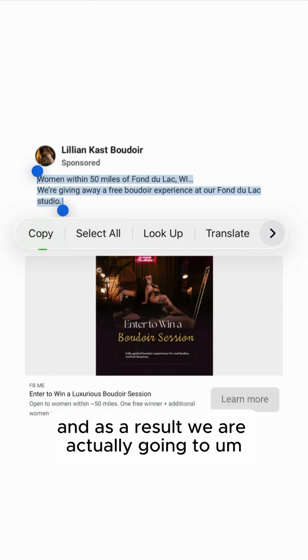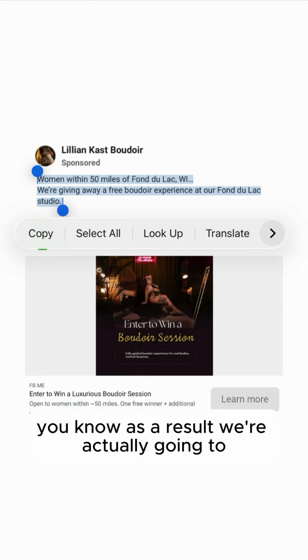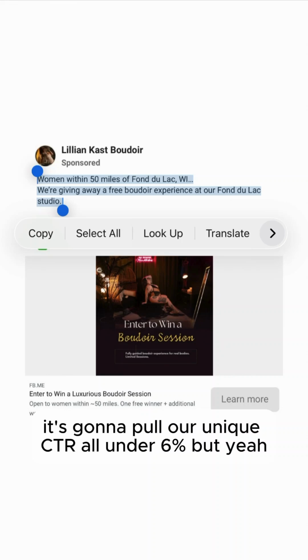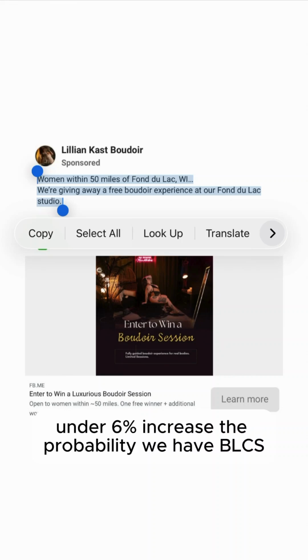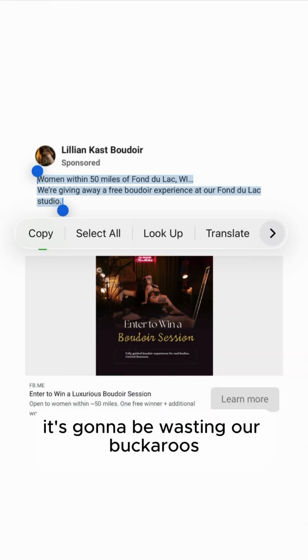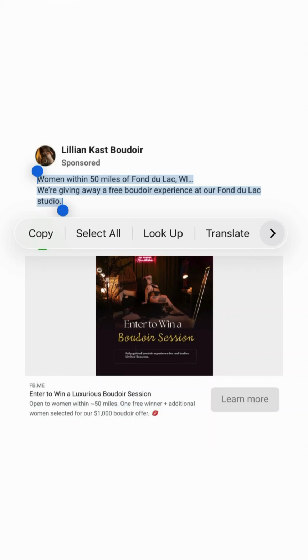As a result, it's going to pull our unique CTR under 6%, increase the probability we have BLCS, boudoir low click syndrome, and it's going to be wasting our buckaroos.